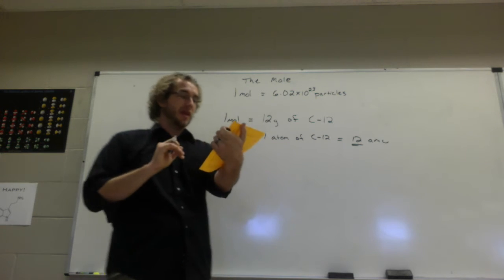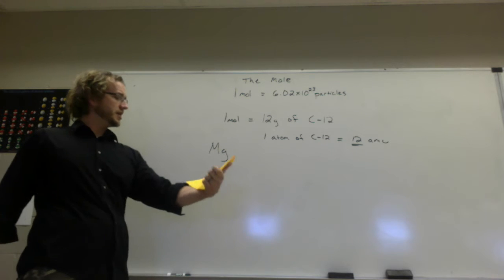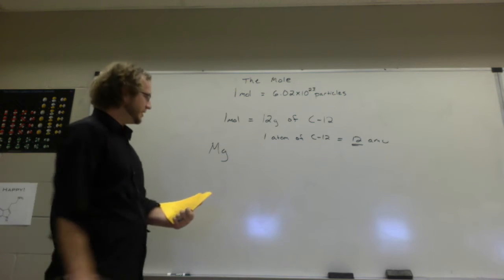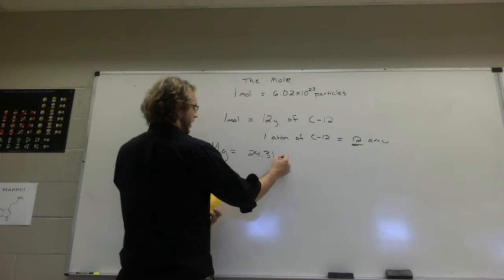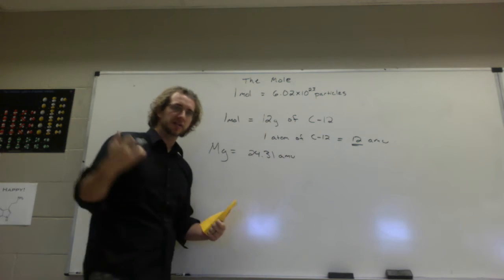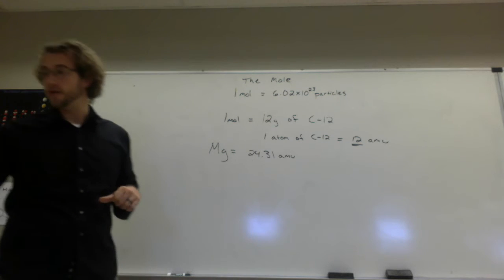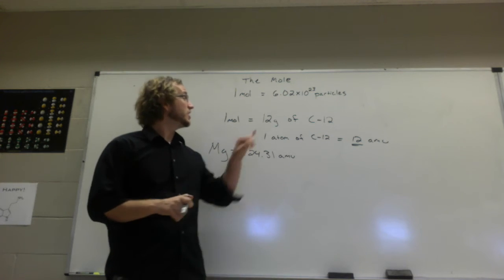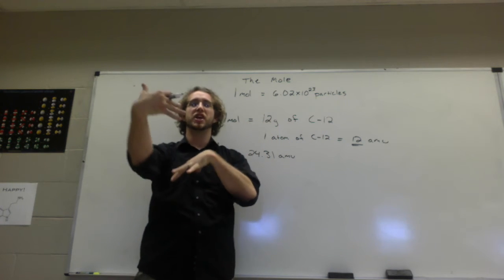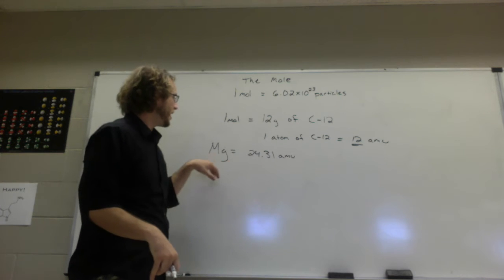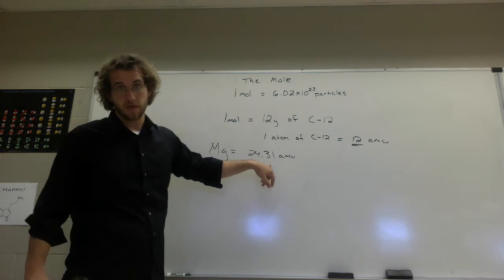So for example, if we look at, say, magnesium. You find magnesium on the periodic table. If you had 1 atom of magnesium, it would have an average mass of 24.31 AMUs. There's the average. Now, because AMUs is set to carbon-12, and because our mole is set to carbon-12, we now have an interchangeable relationship. 1 atom would have a mass of 24.31 AMUs for magnesium.